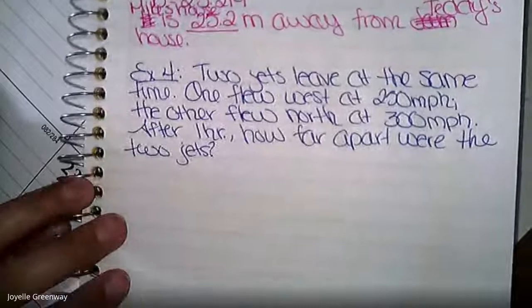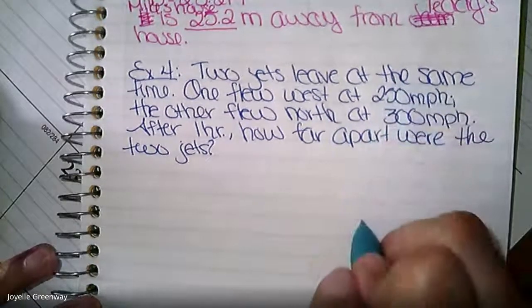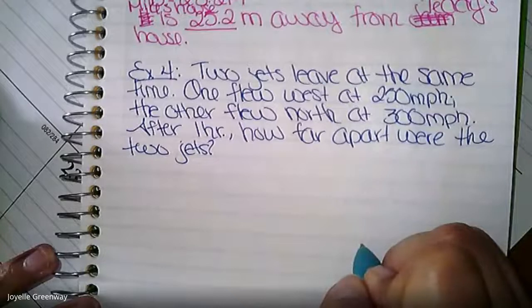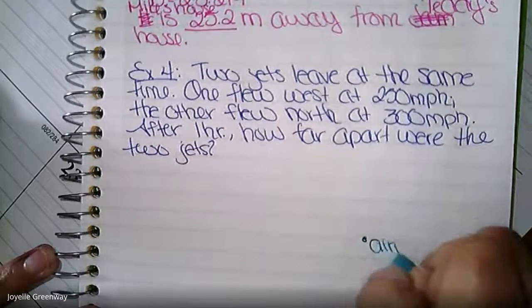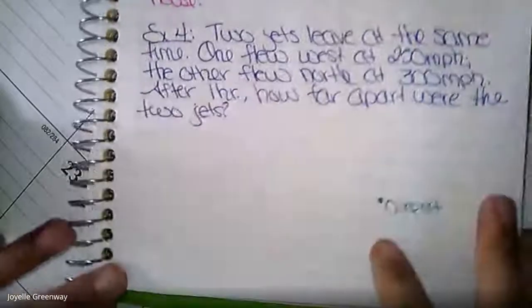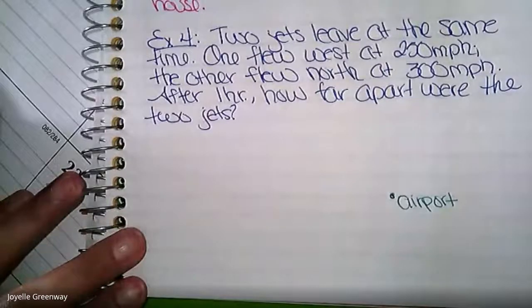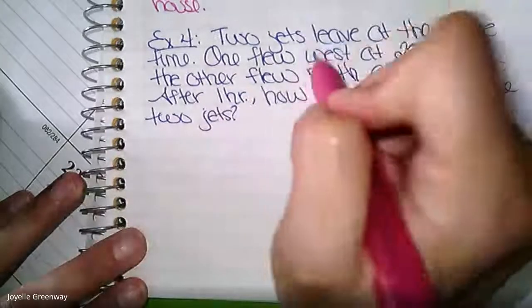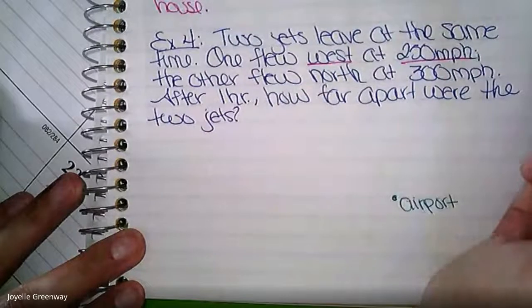Okay, so let's draw a diagram. Here's our airport. One jet flies west at 250 miles an hour.